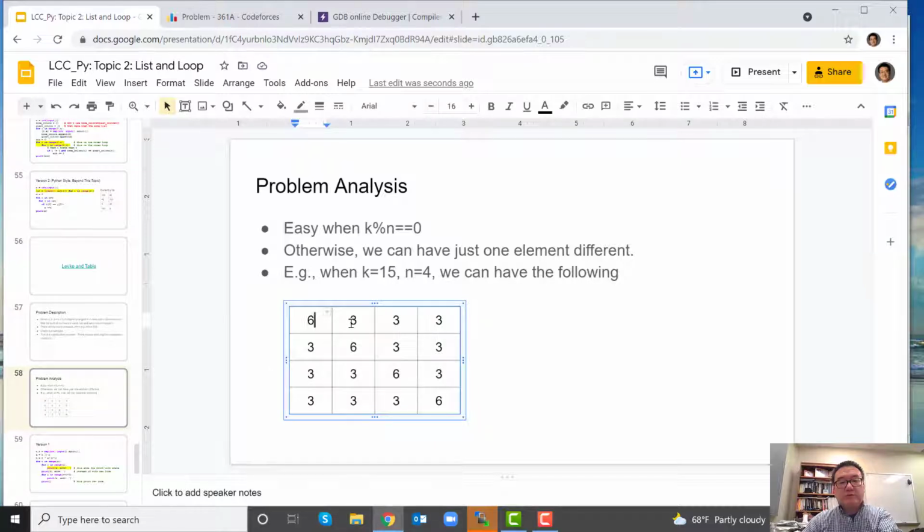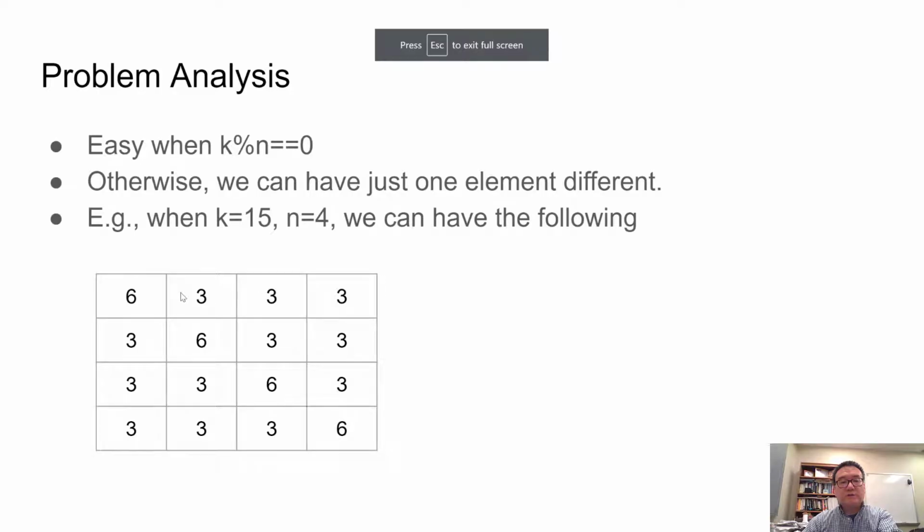So now, how do we produce that? Basically we have two numbers in here. One is the number that we use more often, so that'll be the 3. The other value will appear just once. Then we'll print this row by row. In the first row, we have this special value appear first, followed by n minus 1 copies of the second value, which is 3.